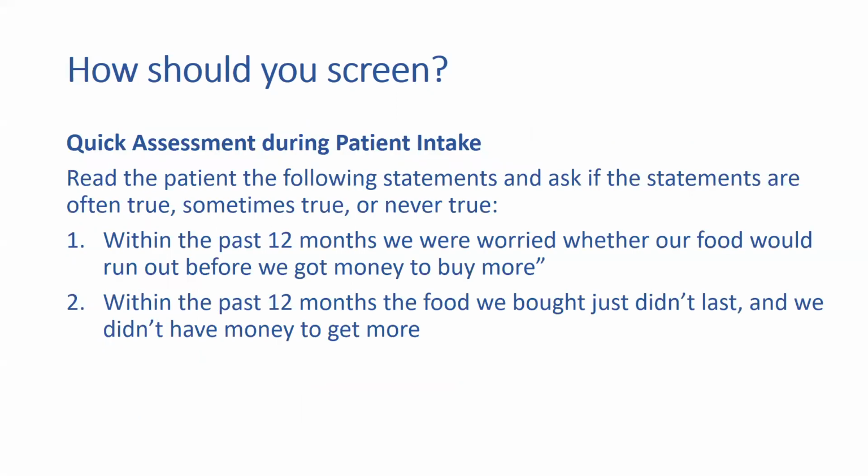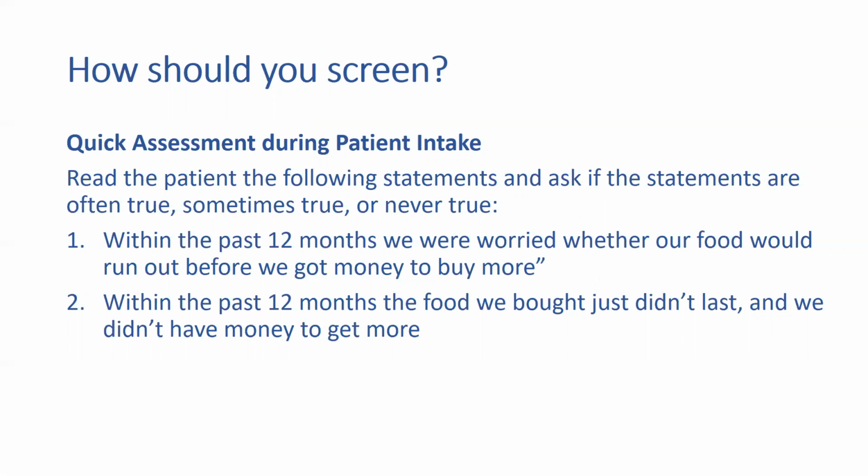So we just identified who we will be screening, but how should you screen patients? There's a couple different ways. The first one we'll talk about is a quick assessment during patient intake. And this consists of reading the patient 2 statements and asking them whether or not these statements are often true, sometimes true, or never true. The first is, within the past 12 months, we were worried whether our food would run out before we got money to buy more.